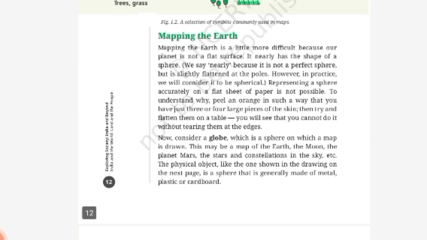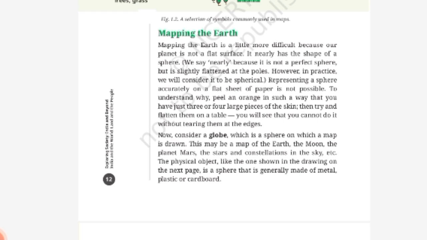Okay, mapping the earth. Mapping the earth is a little more difficult because our planet is not a flat surface. It nearly has the shape of a sphere. We say nearly because it is not a perfect sphere but is slightly flattened at the poles. However, in practice, we will consider it to be spherical.